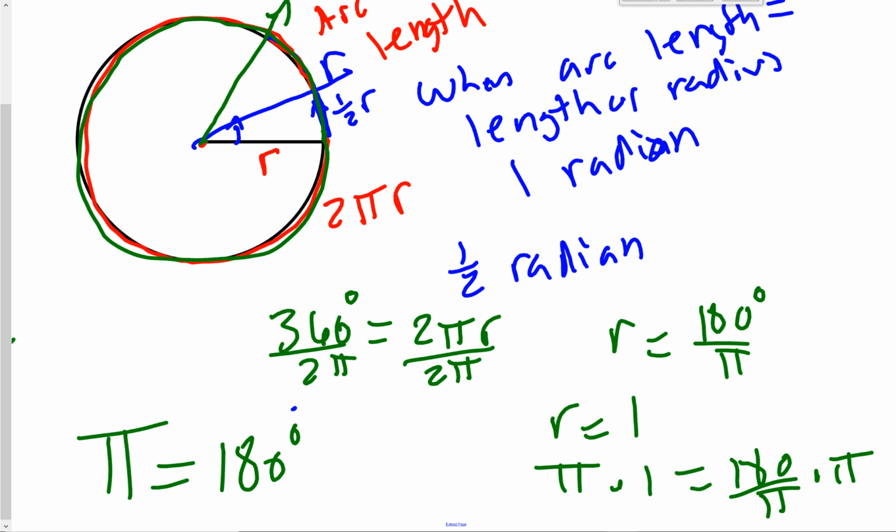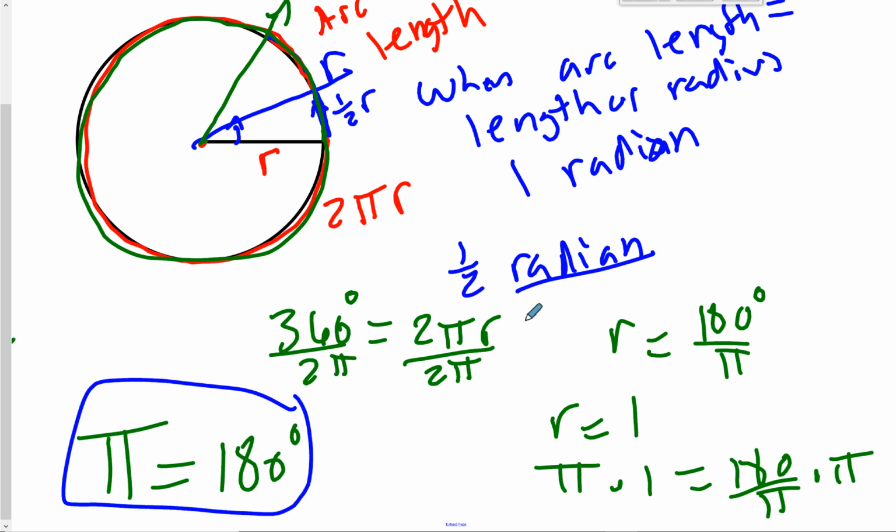And we're going to use this in order to convert from radians to degrees. So when we're talking about radian, we're talking about the angle measure. What is this angle measure here? Okay, and so that angle measure right there would be half a radian, because this distance from here to here is 1/2 r, and my radius is r, so it's half a radian.